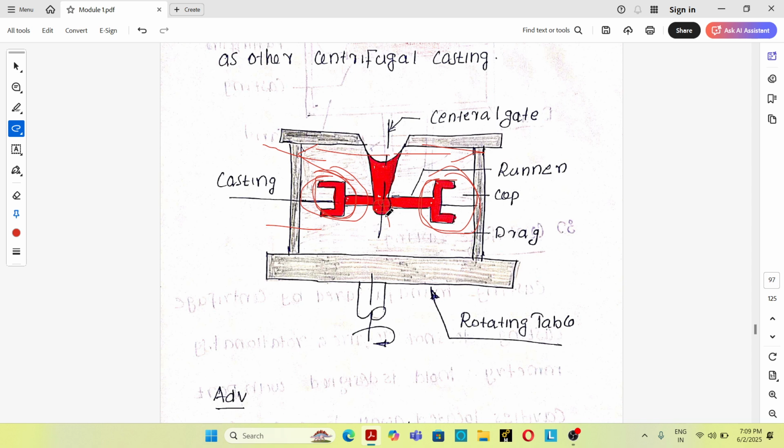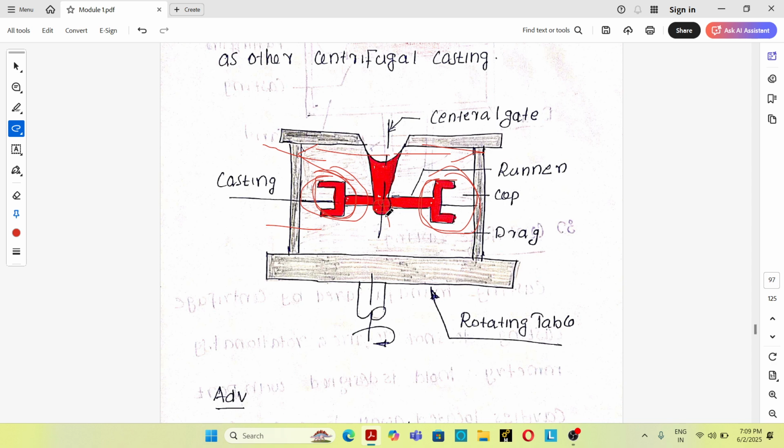The centripetal force created due to centripetal acceleration forces the molten material into the mold cavity. The magnitude of centripetal force increases when moving away from the axis of rotation, so a high density casting region is created away from the axis of rotation, and a less dense region very near to the axis of rotation.